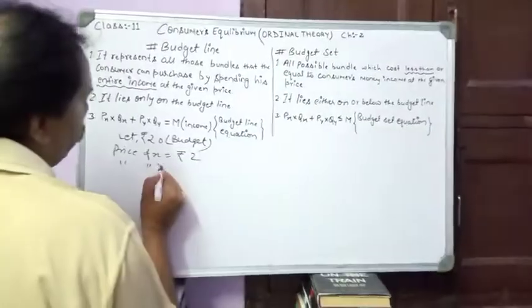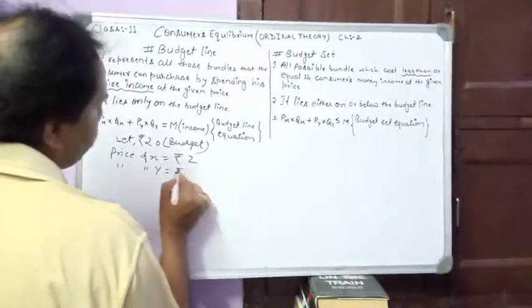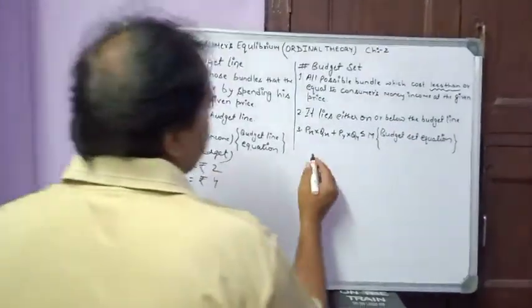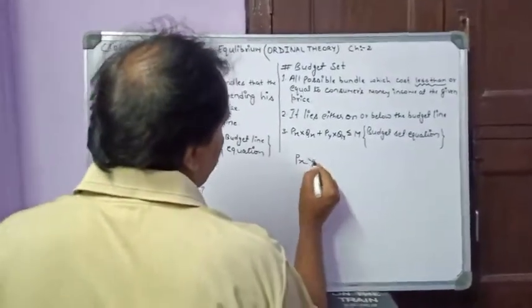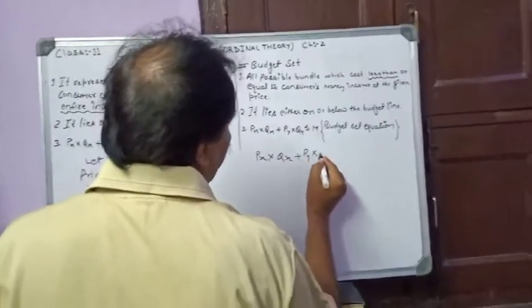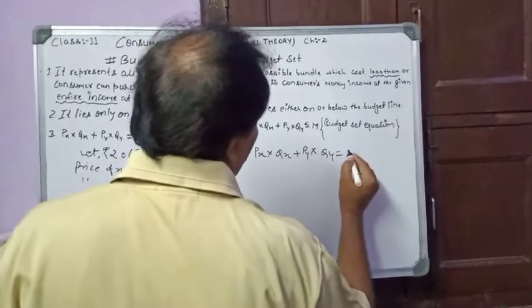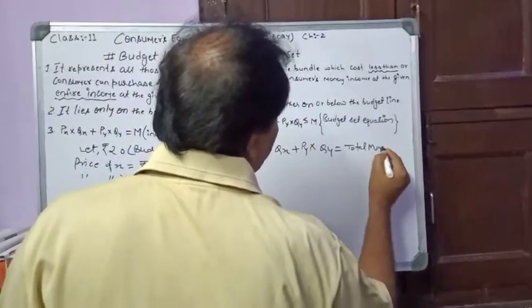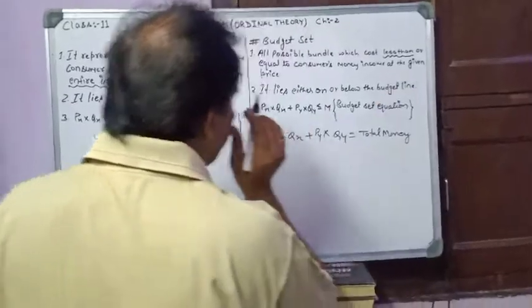Price of Y is equal to rupees 4. Is it clear? Our equation is Px into Qx plus Py into Qy is equal to total money, that is our budget.